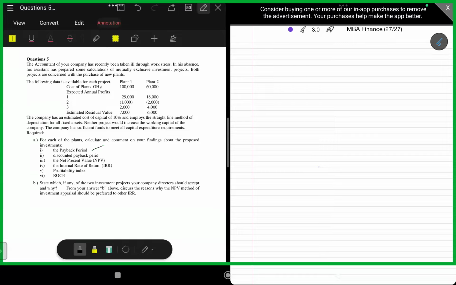I explained: whenever you hear PV, present value, it means it's going to make use of the discount factor.